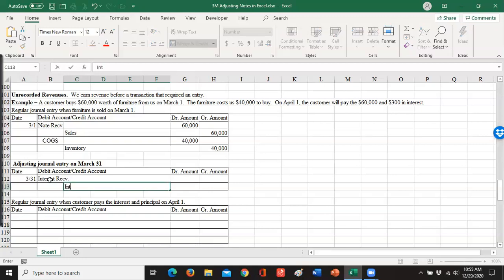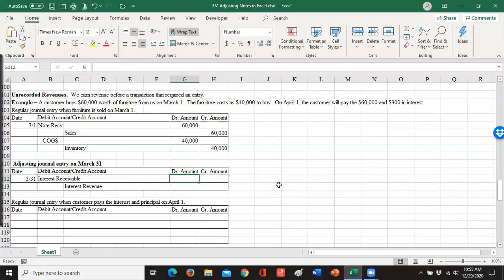And it's going to be interest revenue. And I'll try to spell out receivable. I before E. It's clear that one's receivable and one's revenue. When you write a problem, make sure it's really clear which one's which. So just don't put interest R or even RE. They're going to owe us April 1st, so we don't worry about that extra little day there. So basically, at midnight on the 31st, they owe us $300. So that's what we want to see on our financials.